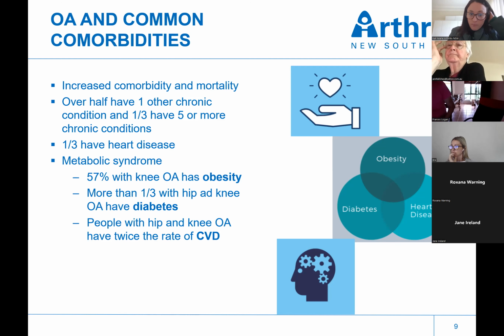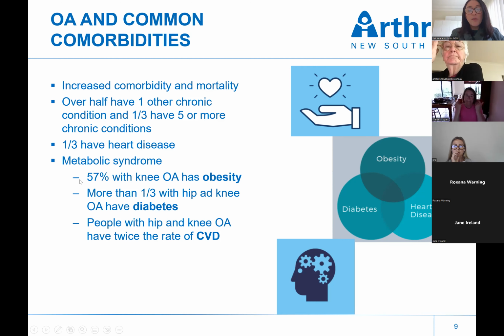And then often people will present with metabolic syndrome, which includes obesity, diabetes, including pre-diabetics as well, of course, and cardiovascular disease. So diseases of the heart that are just relating to the vessels, essentially.